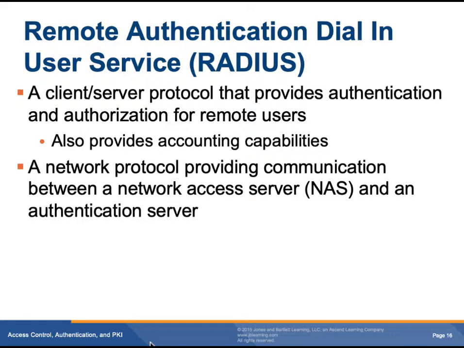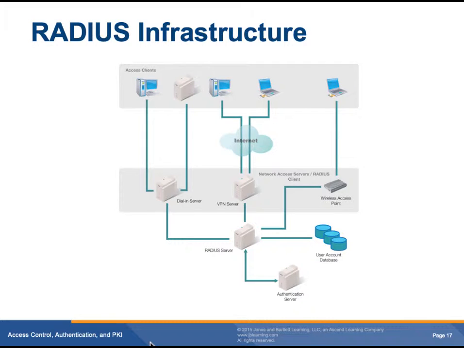There's a diagram in the textbook regarding some of these aspects. Take a look again in the textbook. This is just an overview to get you warmed up. Here's the RADIUS structure. The RADIUS server is towards the lower portion, middle of the screen, and that's tied with the authentication server.